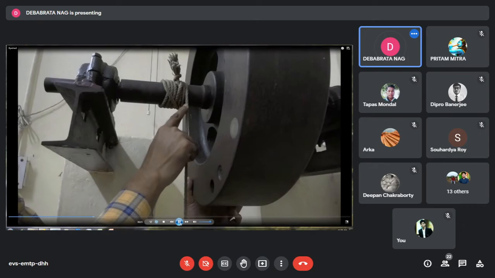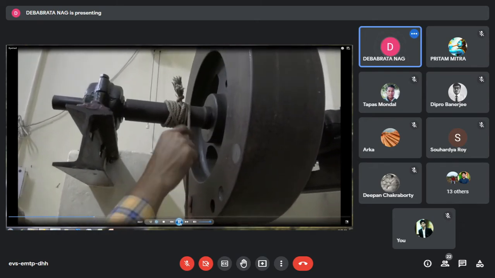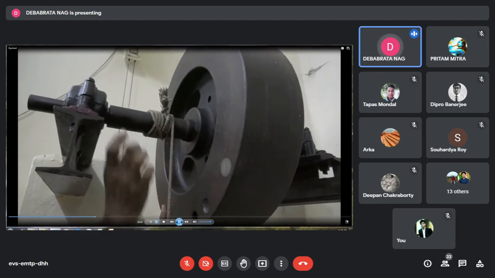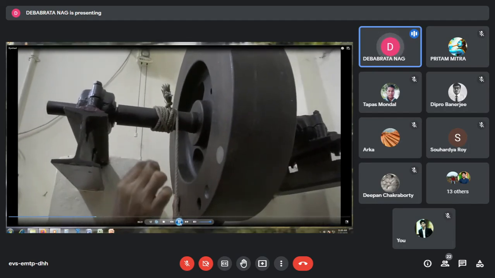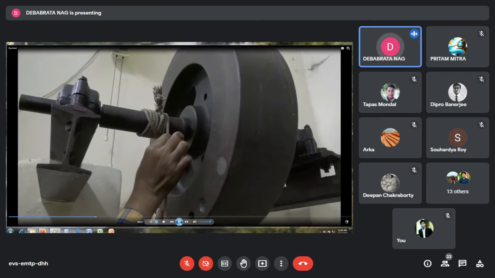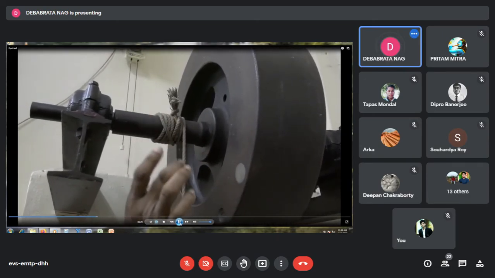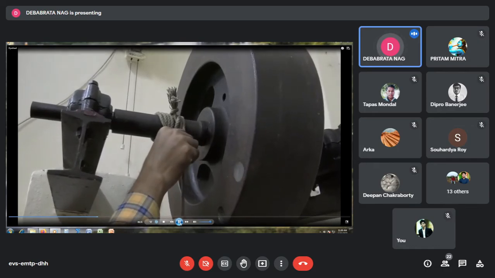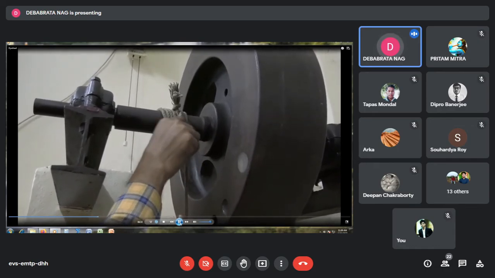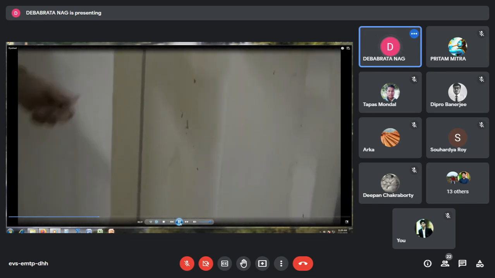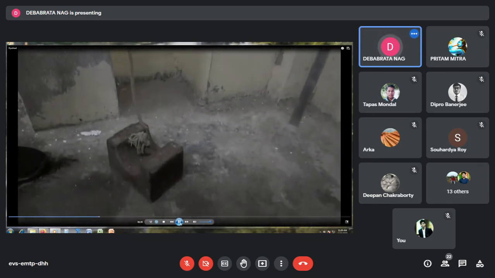This force or tension in the wire will provide a torque. What will be the amount of torque? This force times the radius of the shaft. While calculating that torque, we neglect the radius of the wire because that is small compared to the radius of the shaft. Once we release it, that wire tension will give a torque on the shaft, and it will start rotating, and the mass will fall.